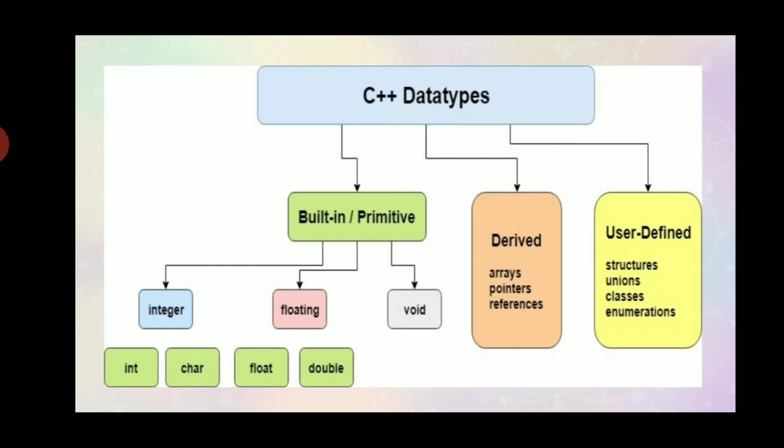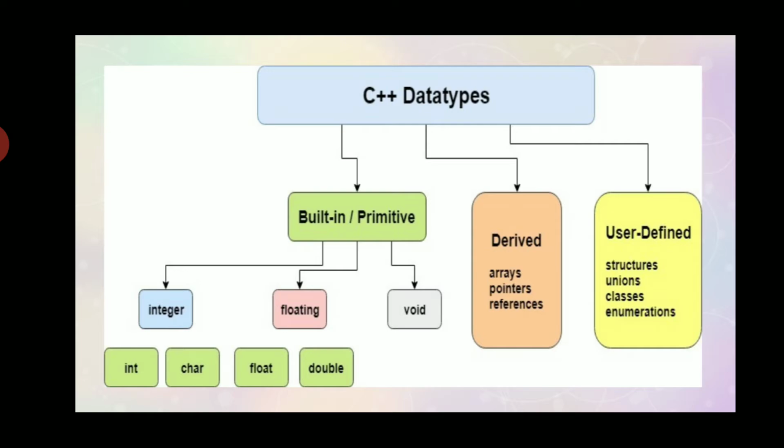It's not that we cannot use double for small values. We can use double for small decimal values also. We use double just to allocate more space. If we want more space, then we need to use the double data type.